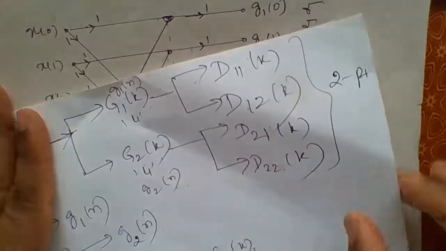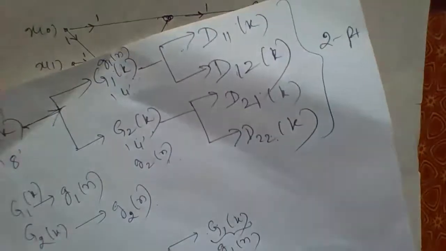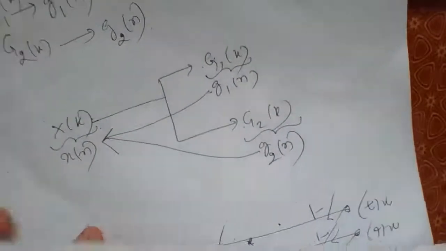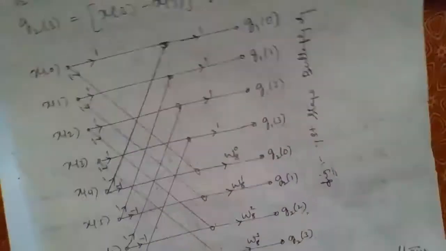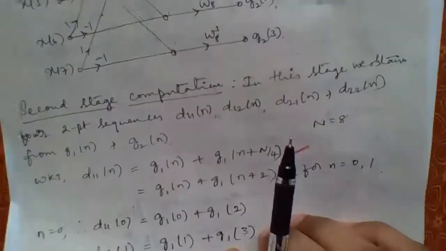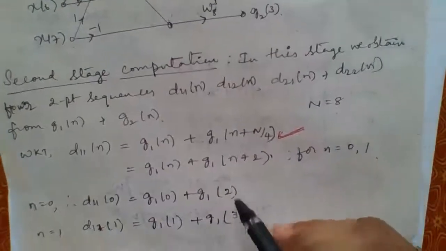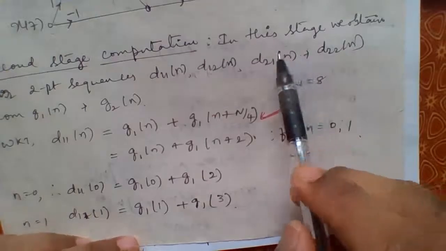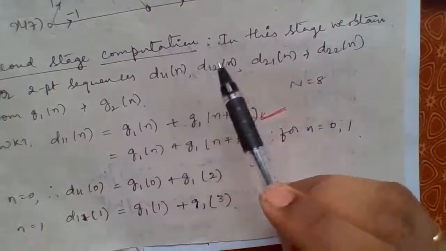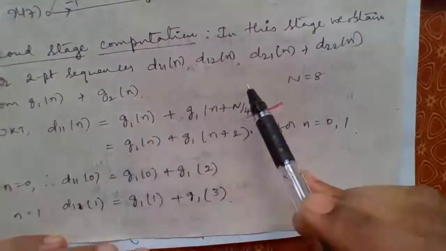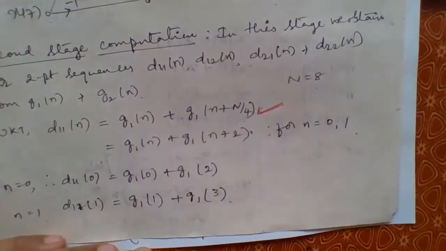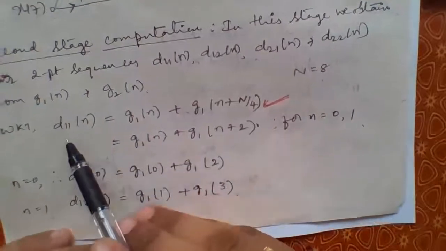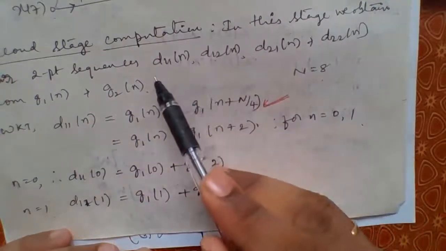Okay, so therefore in the second stage we take all g1 sequences as inputs, and we are deriving its signal flow graph. So now in the second stage, the inputs are all the g1 and g2 sequences. Using this, we are generating the new 2-point sequences.